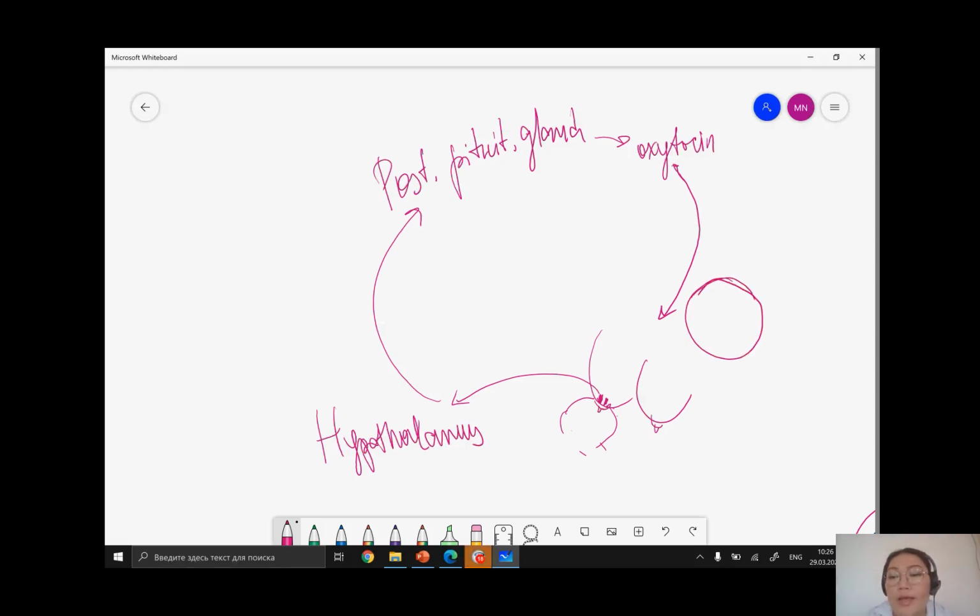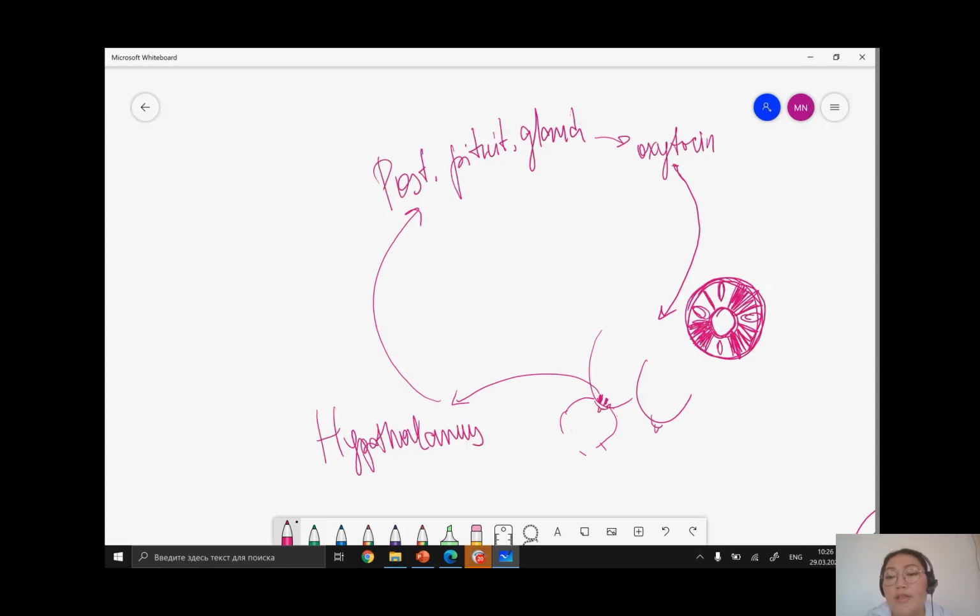It has just the duct, okay, and this duct is out of the two types of cells. We have the secretory cells, which secrete and synthesize the milk, and we have another one which is the myoepithelial cells.